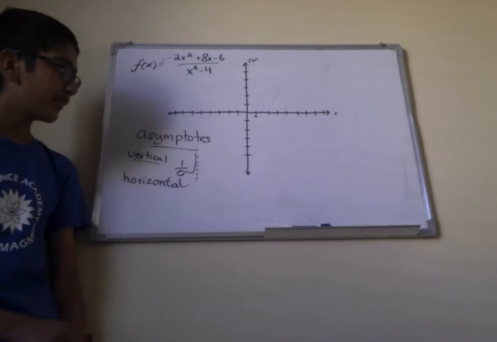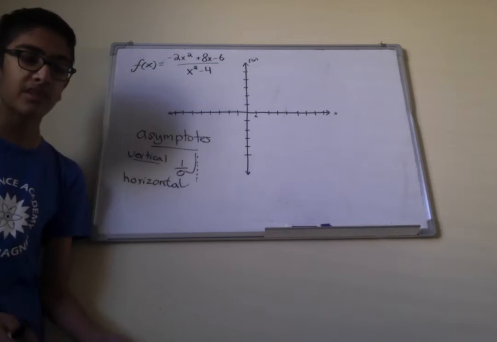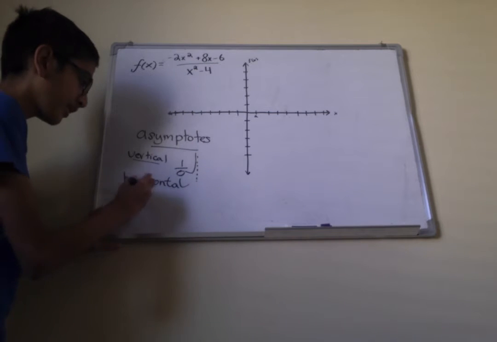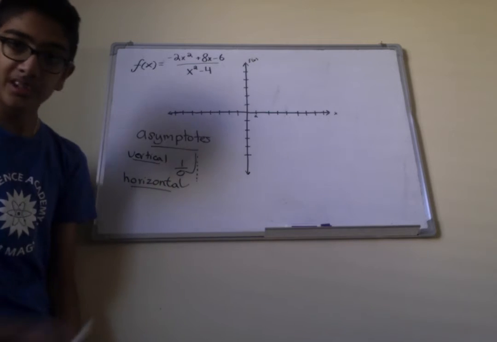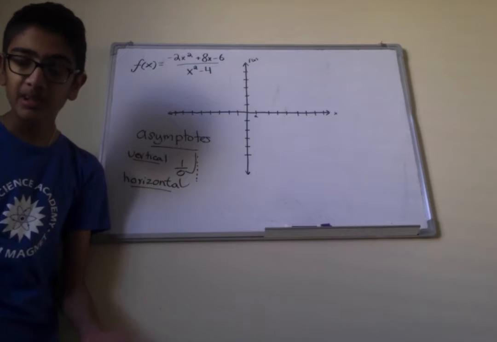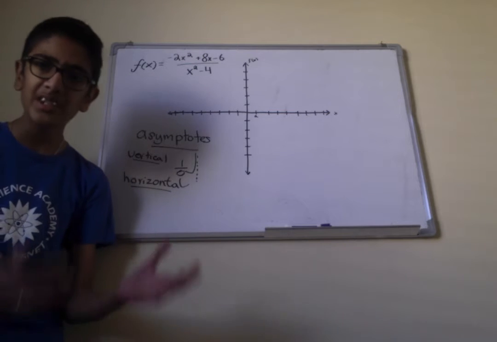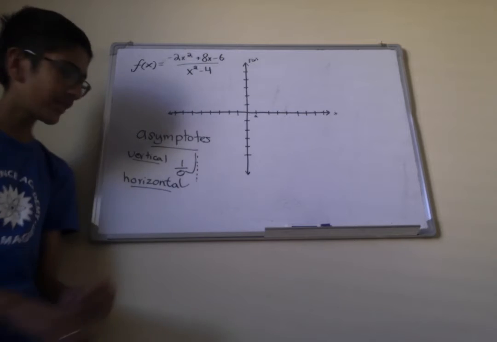The other type of asymptote is horizontal. This one isn't unique to reciprocal functions, as other ones have it, like exponential and logarithmic. Horizontal asymptotes are ones that can be crossed, unlike vertical. They can be crossed, but once you get to extremely, extremely large values, it seems like it's going to approach this value when it clearly isn't.